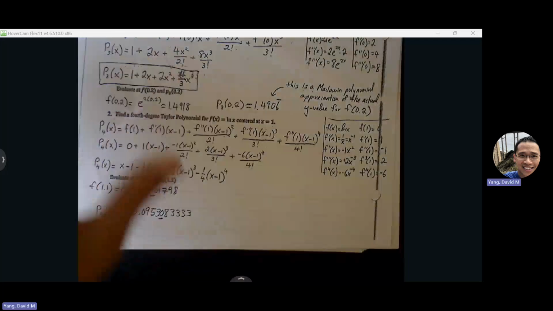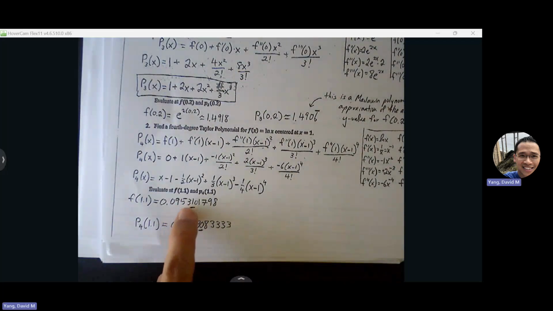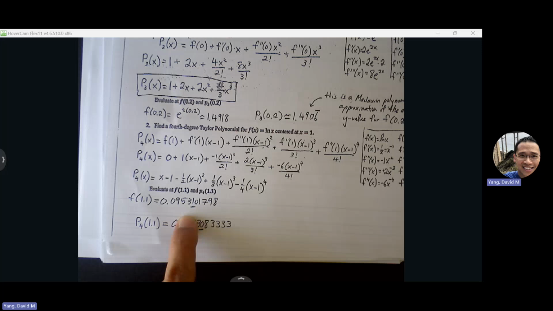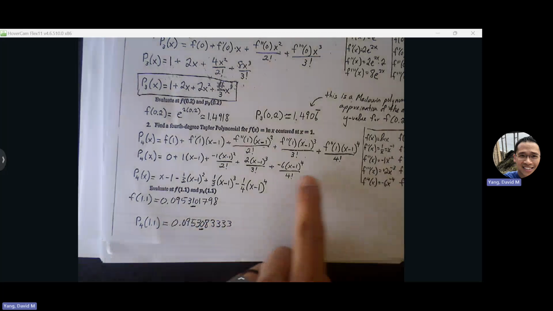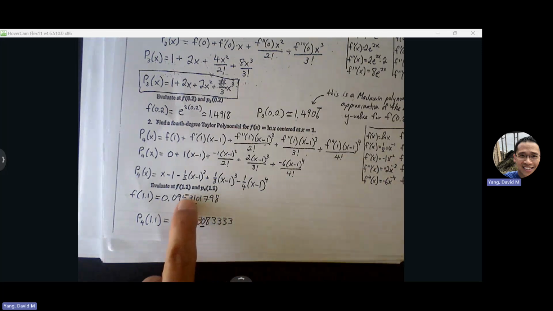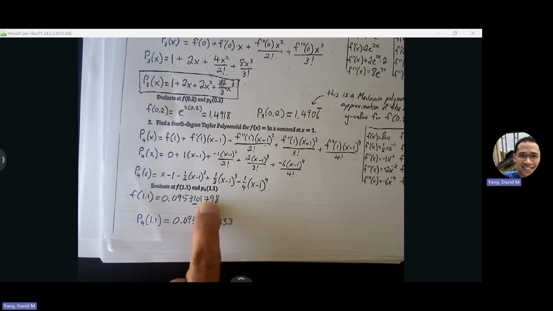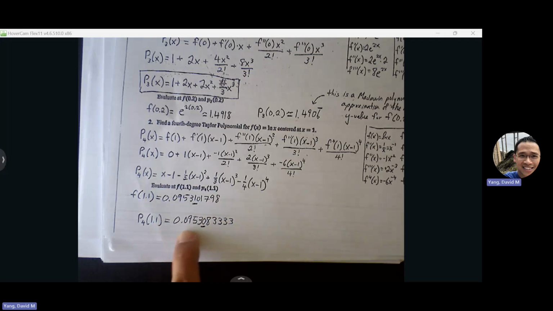And you can see that it's doing a pretty good job. First off, it's close to the point of tangency, and we have it all the way up to the fourth degree. So the actual value of the function at 1.1 is very close to the polynomial approximation at 1.1.